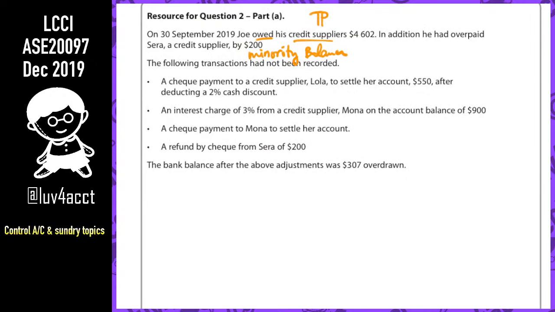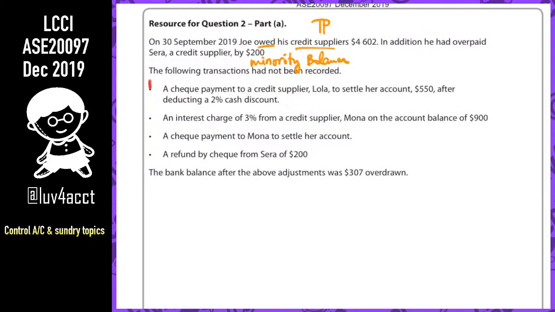Let's see what is missing. These transactions had not been recorded. So item 1, a check payment to credit supplier Lola. I don't know this Lola, it is just any supplier, to settle her account, 550, after deducting a 2% discount.